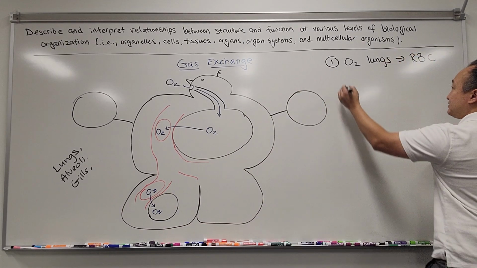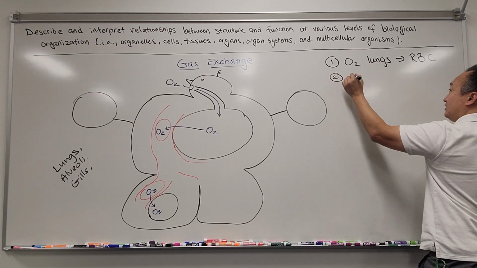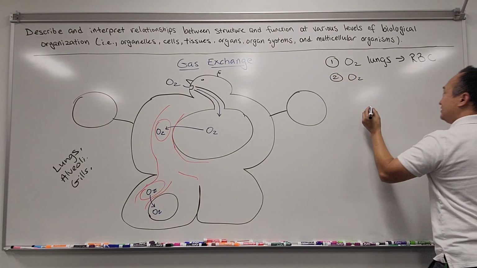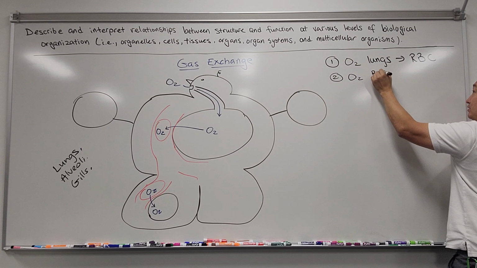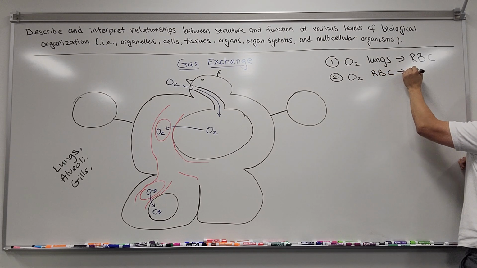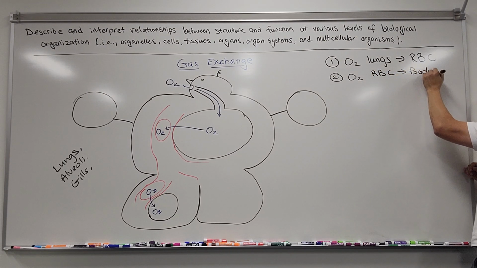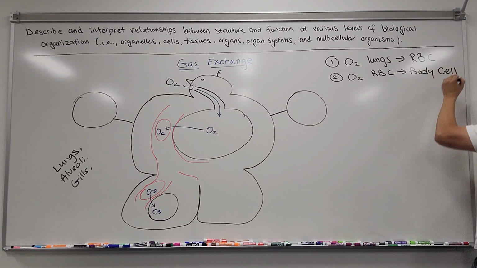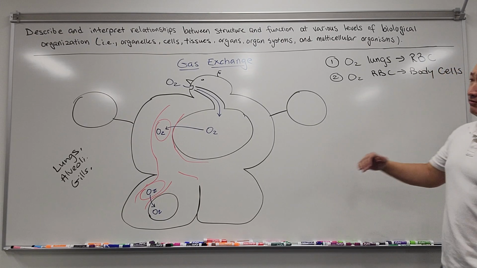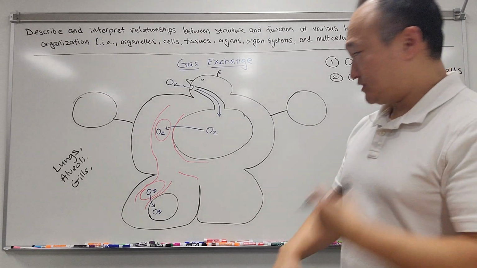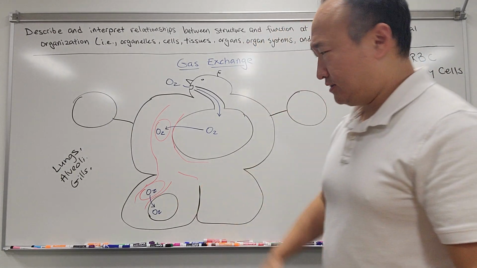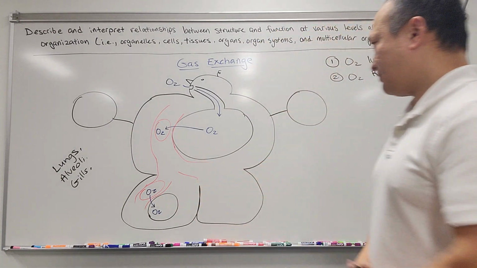All right, so let's do step two. The oxygen is going to go from the red blood cells to each of the body cells. And in our example, we're just using the toe cells, the cells on our toes.